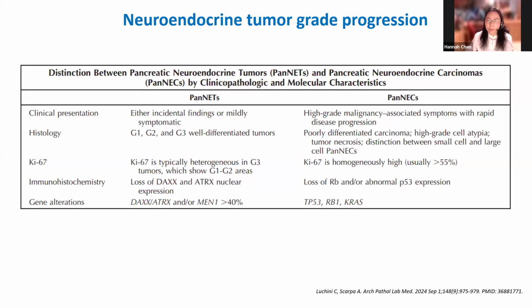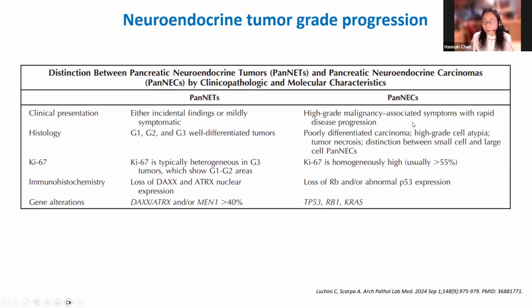And also in this paper, they talk about the precursors of these two entities. They think that at least in MEN1 syndrome patients, the microadenoma can be considered a precursor for neuroendocrine tumor in the pancreas, but the precursor was never found in pancreatic neuroendocrine carcinoma.